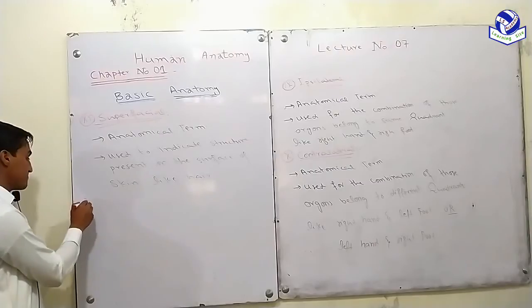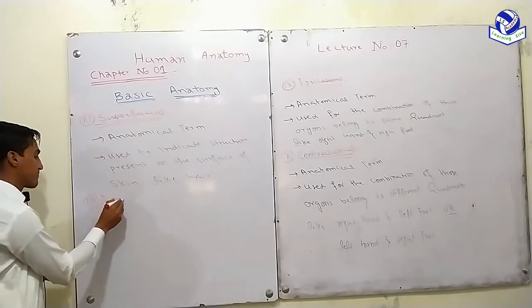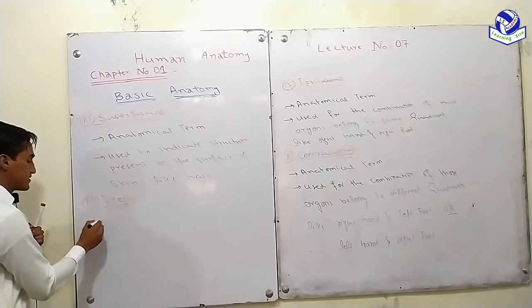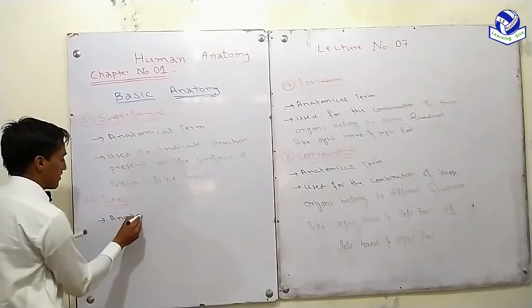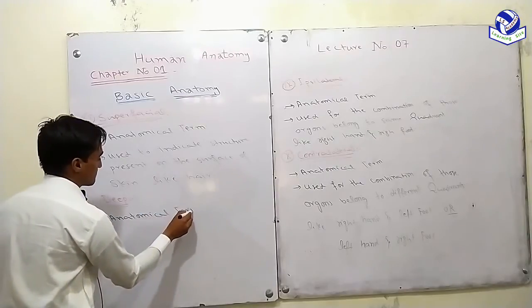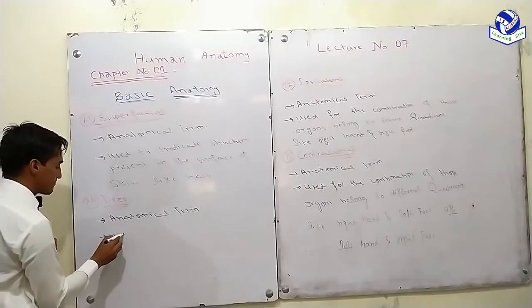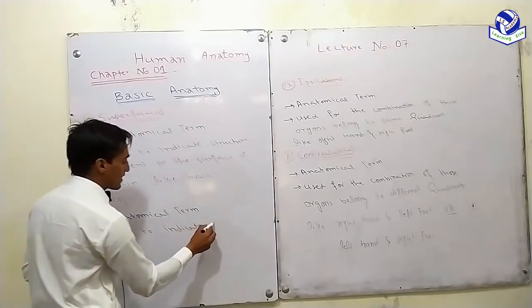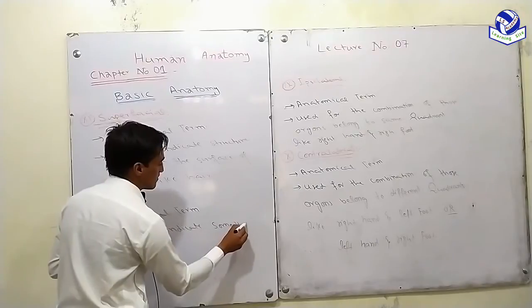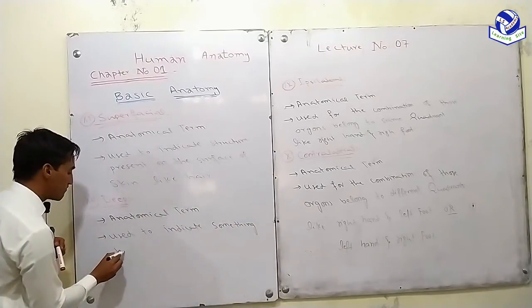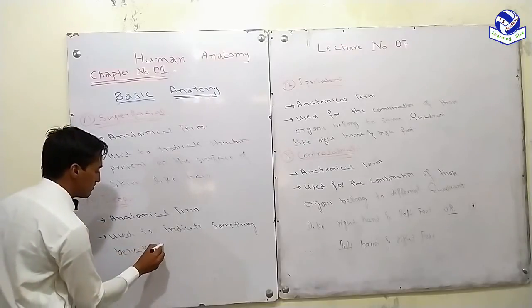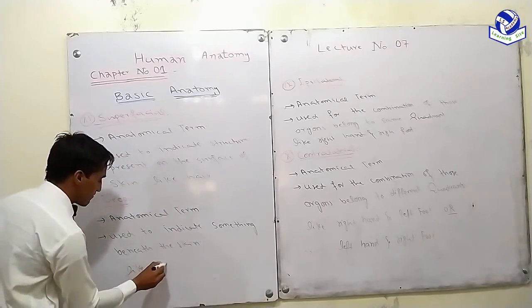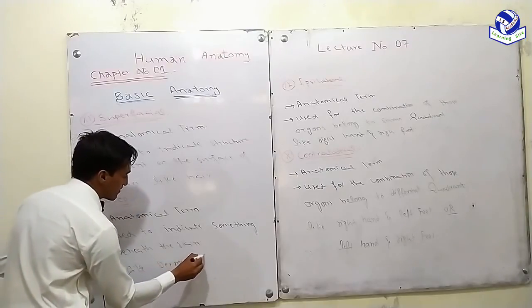And the next one is deep. What is deep? Deep is also an anatomical term used to indicate some structure beneath the skin or below the skin, like dermis and epidermis.